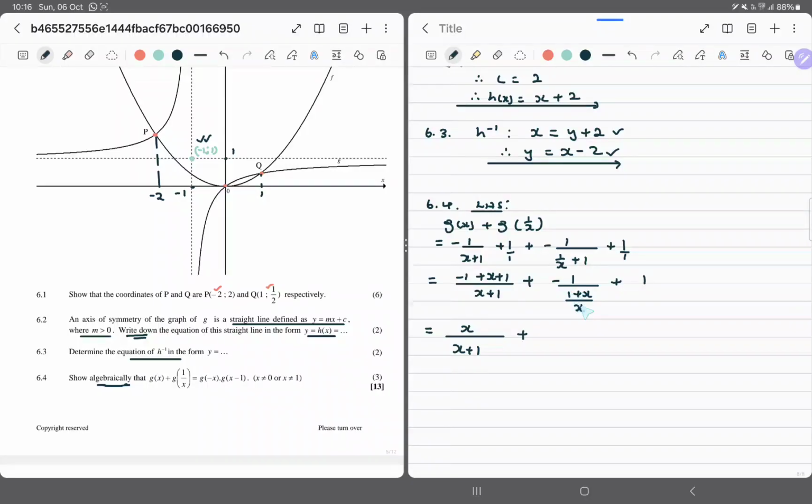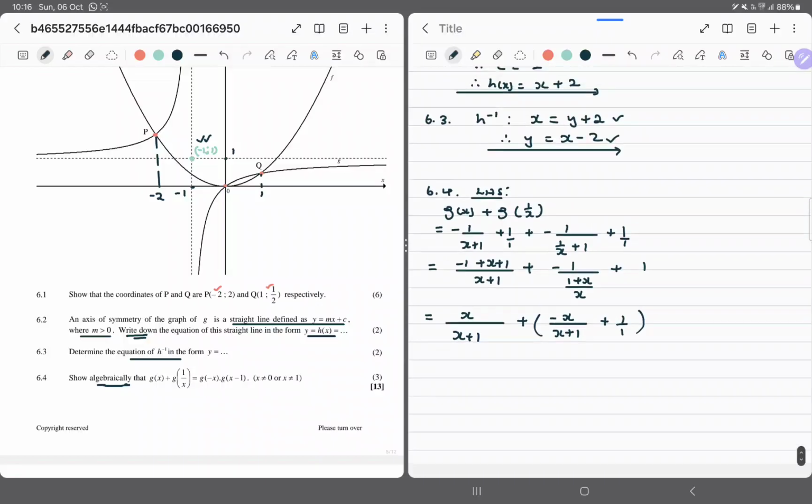Plus, when we deal with this one flips to the numerator, it will multiply that x, and that becomes the denominator. So we will have here, maybe let's put it under brackets because of that negative. It's not much of a big deal, but let's do it. So this is going to be minus x over x plus 1, it's as good as x plus 1 plus 1 over 1.